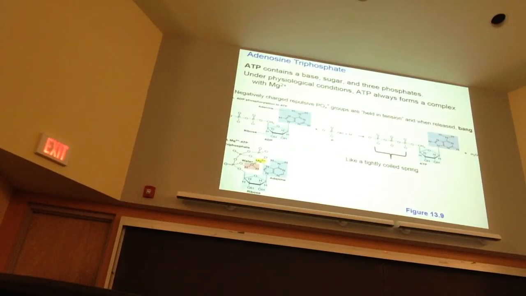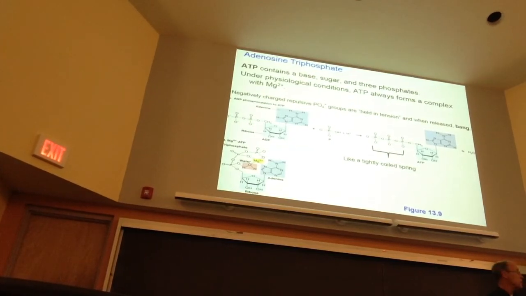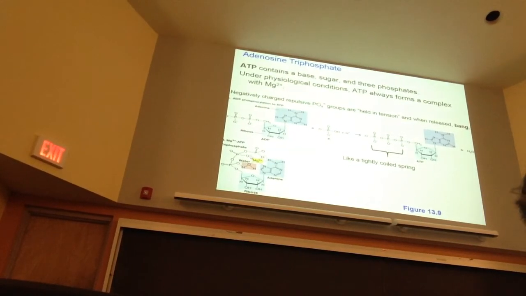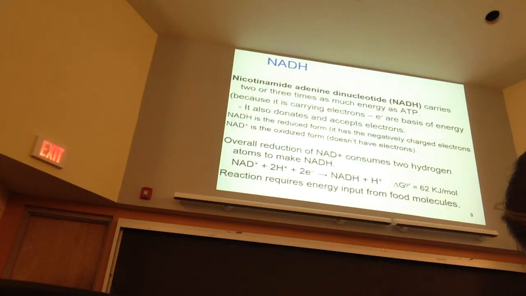Those are just ionic bonds that form and release, and it doesn't inhibit ATP's reactions. But that's just more for your interest, that in a biological cell, magnesium to some extent neutralizes those negative charges.